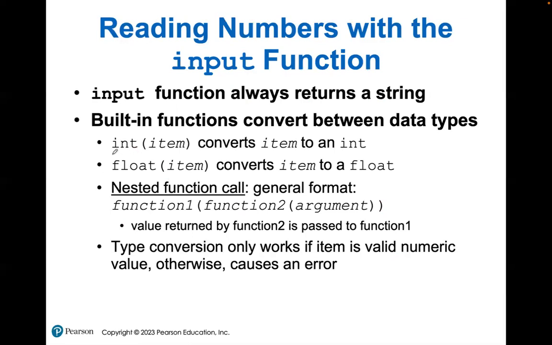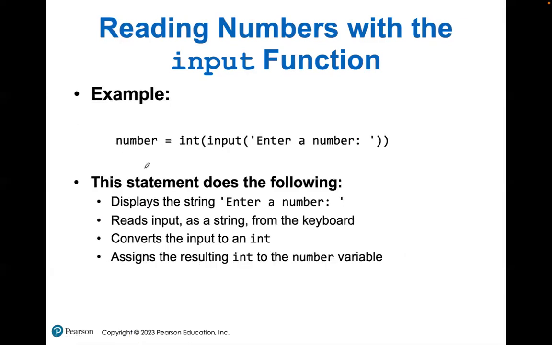So how you do it, you're going to put int in front of input. Let's look at this. We have a variable called number. And then we are asking the user to enter a number. As you can see, input, enter a number, and we want to store it as an integer. What we do is put int in front of input. This way we're converting our input to an integer.